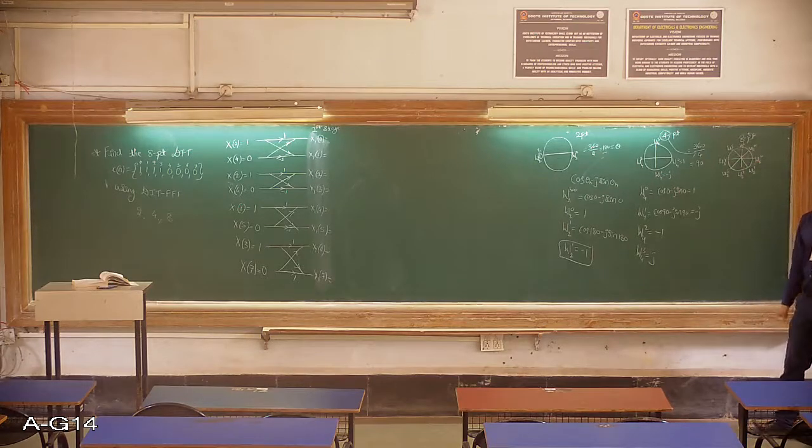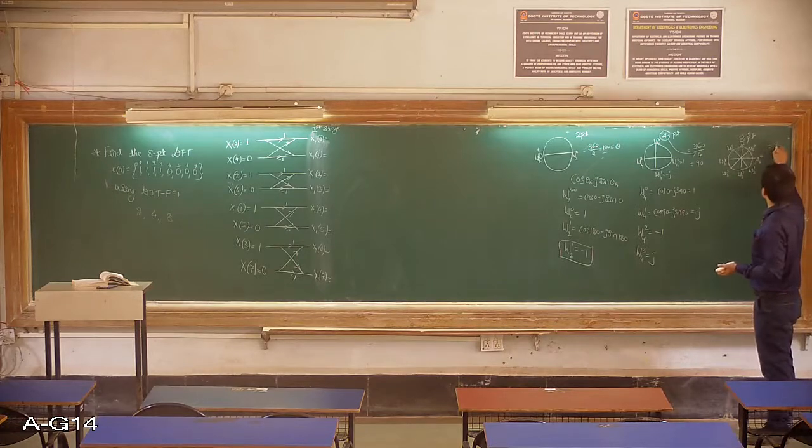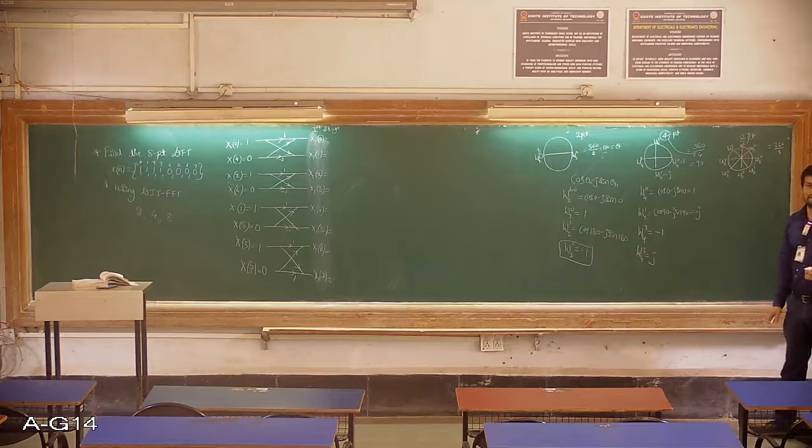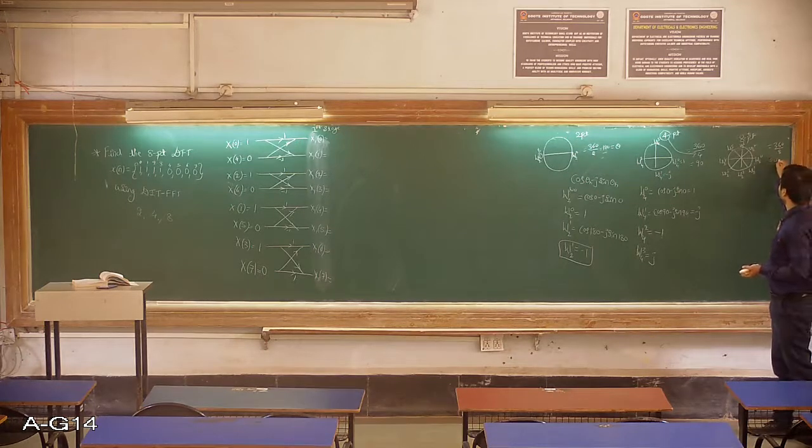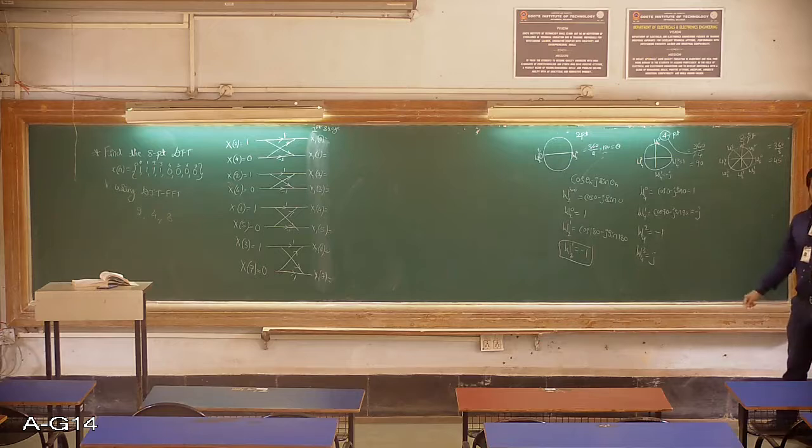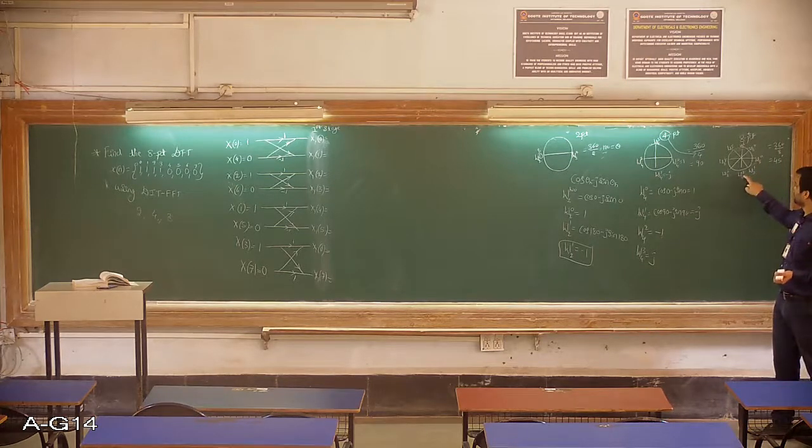Here also we follow the same procedure. 360 divided by 8, we get 45 degrees. We compute only 4 values.